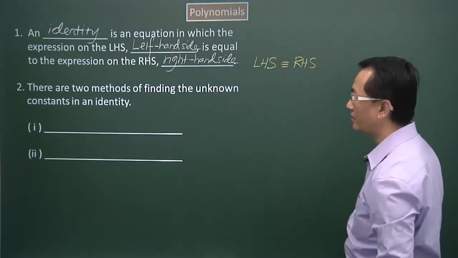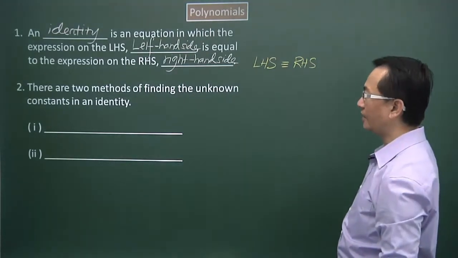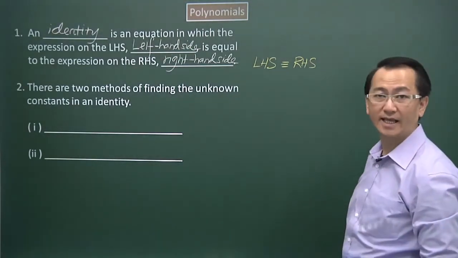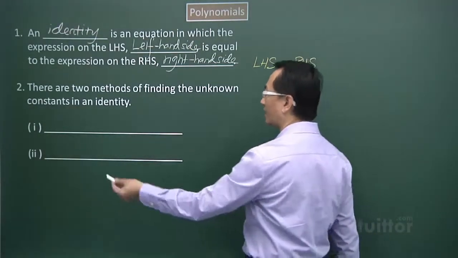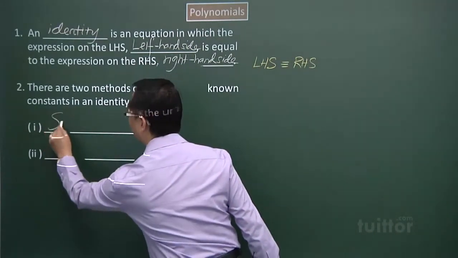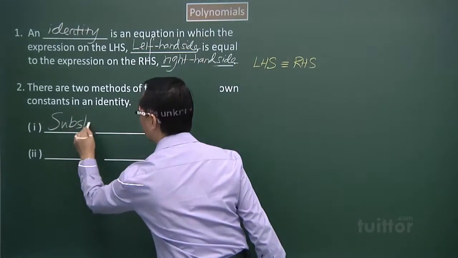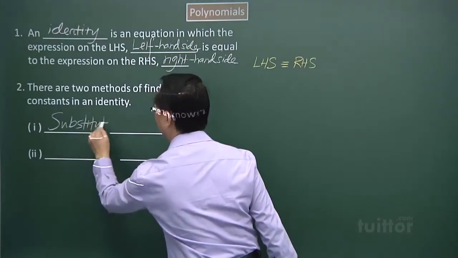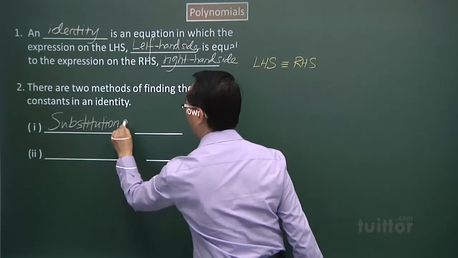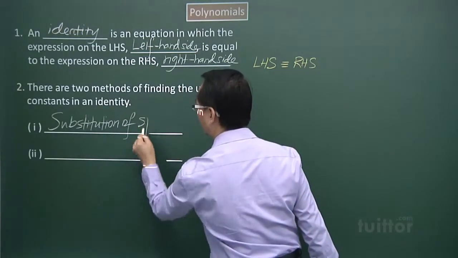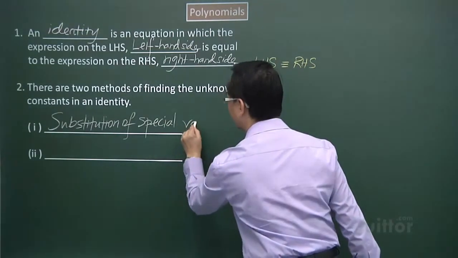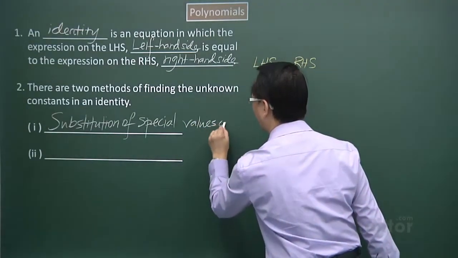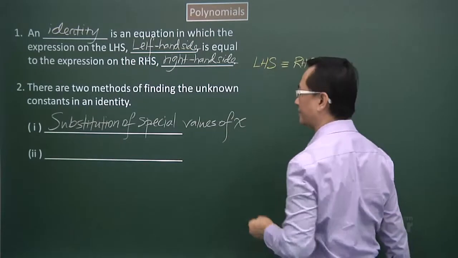There are two methods of finding the unknown constants in an identity. The two ways are, one is substitution of special values of x.